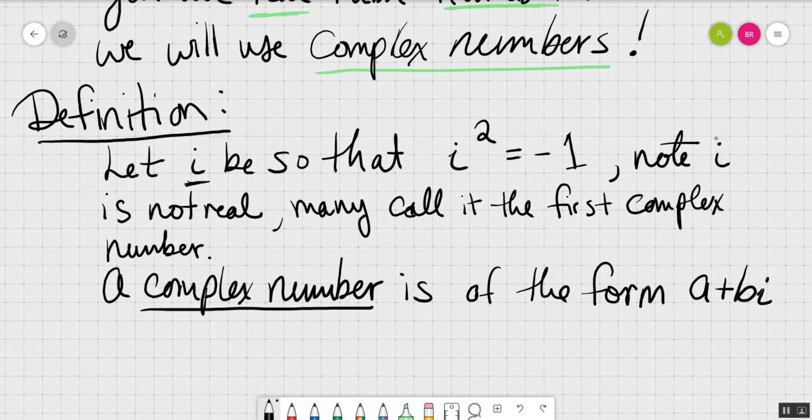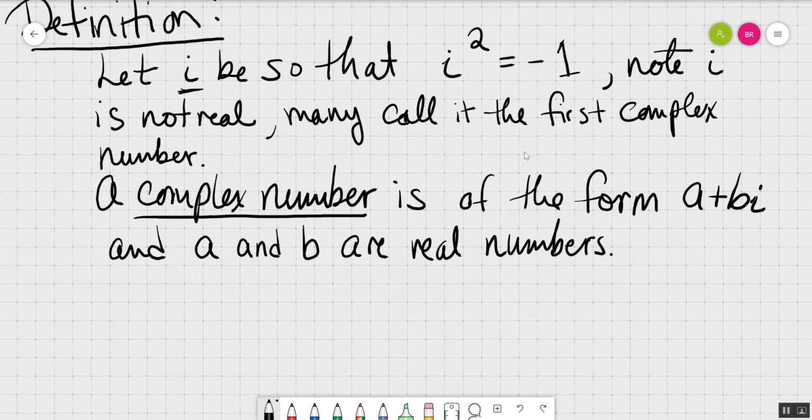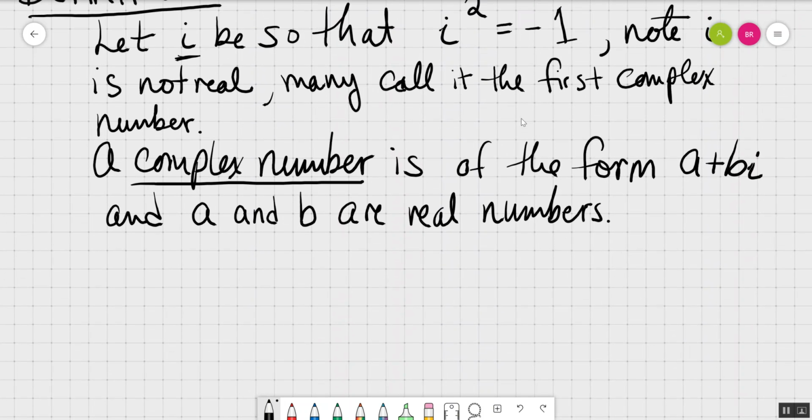We just defined what i is, so it's something that when I square it, I get -1. a and b are just going to be real numbers. That's it. So all this is doing is taking the real numbers and adding into it the one thing we need to be able to do the square roots of negatives.